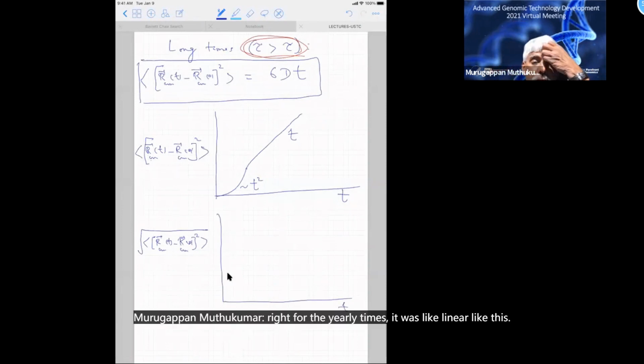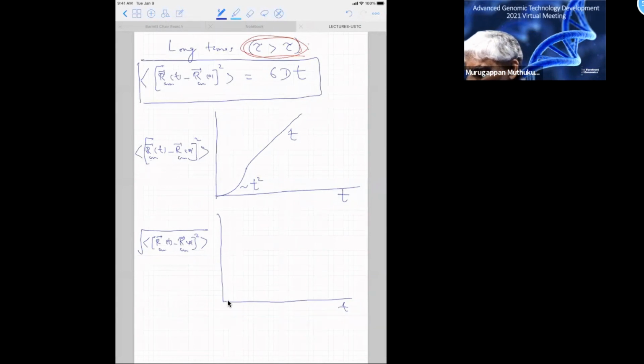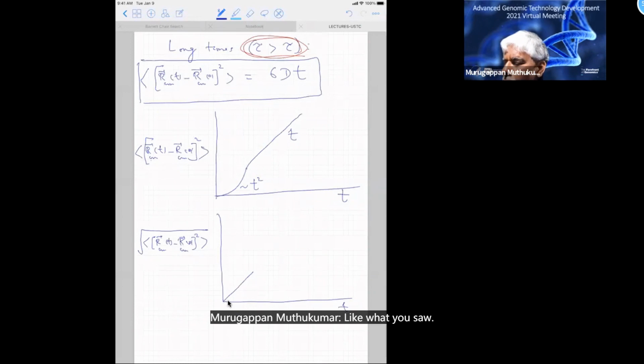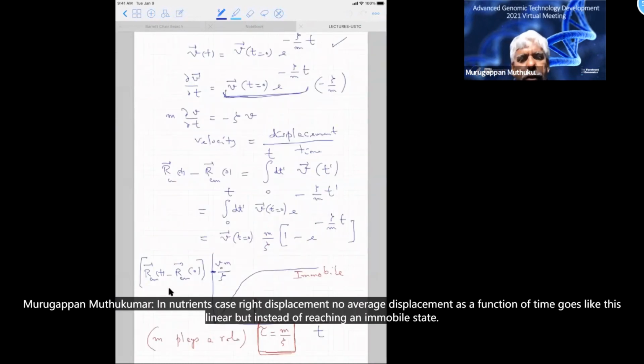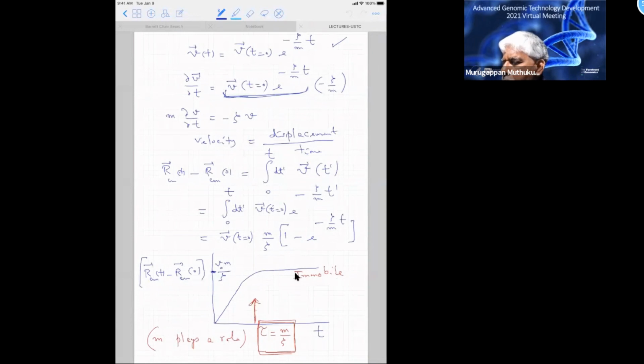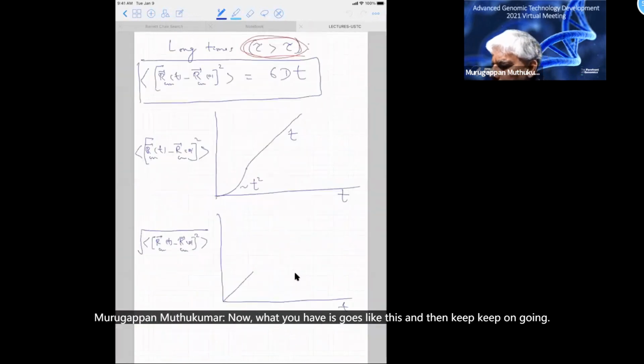For early times, it goes linear like what you saw in Newton's case. But instead of reaching an immobile state, now it goes like this and then keeps on going.